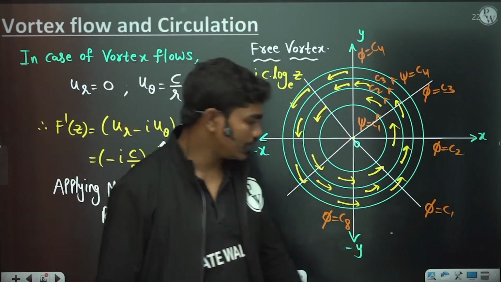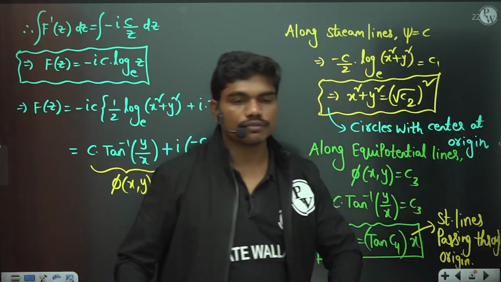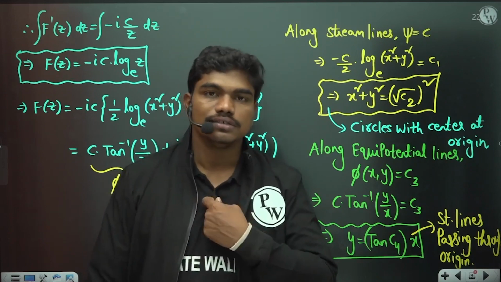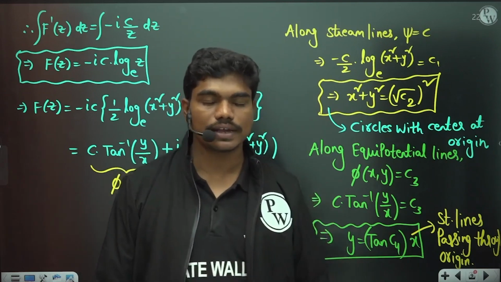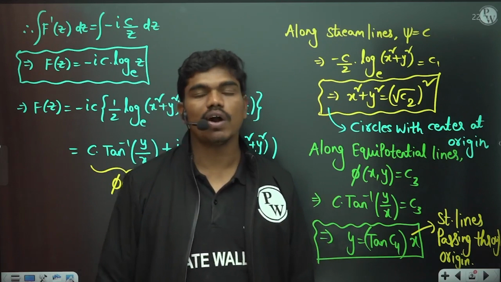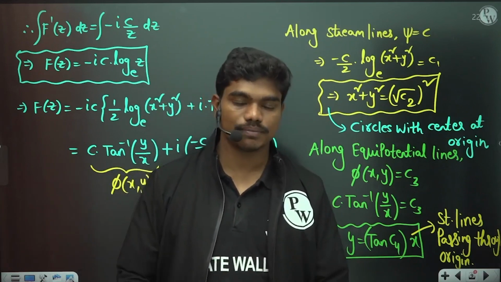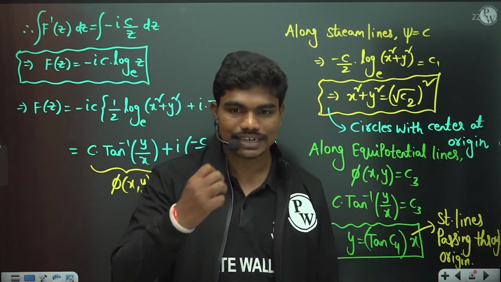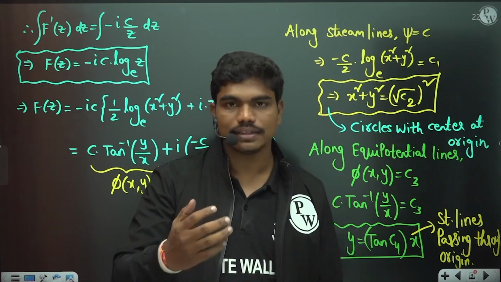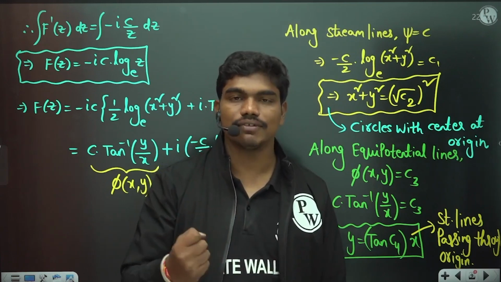Now like in case of source and sink, we have defined something called strength of a source or strength of a sink. Similarly if you have a vortex, what is the strength, or what is the quantity that tells you how effective is the vortex flow?